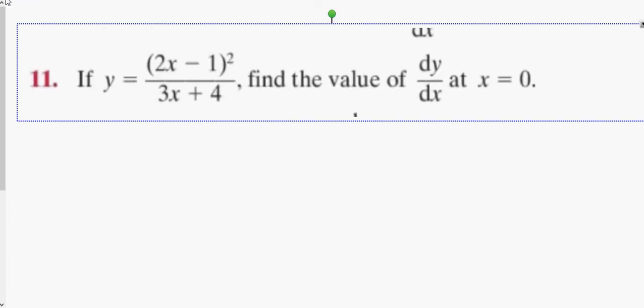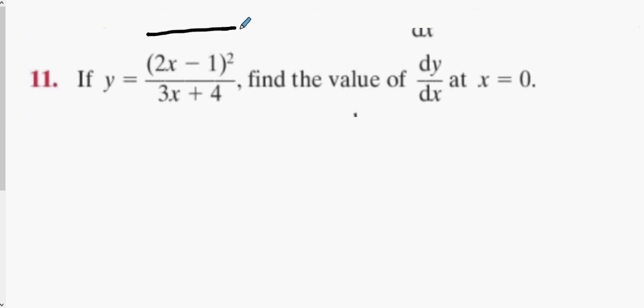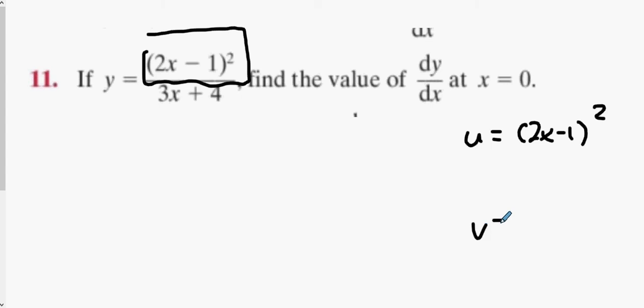Alright. How would you do 11, lads? Question 11. Quotient rule, but the top part is also a chain. So do that now, would you?